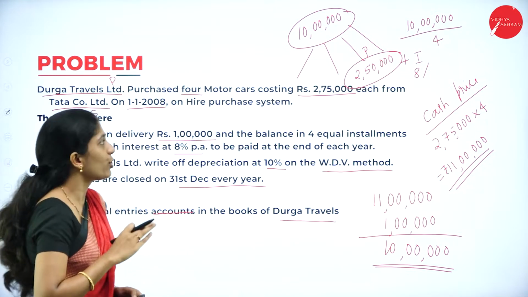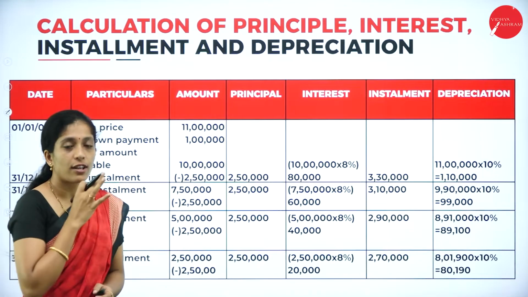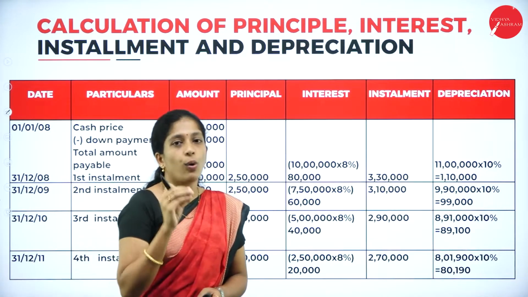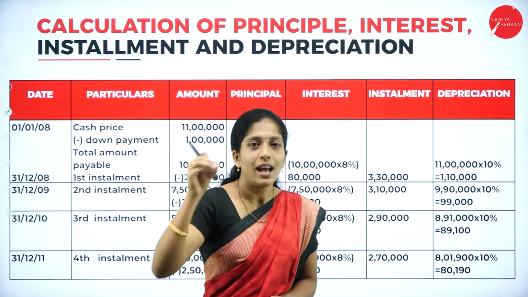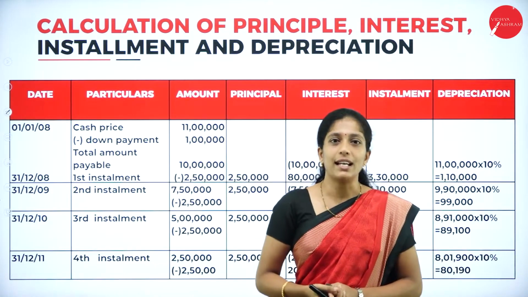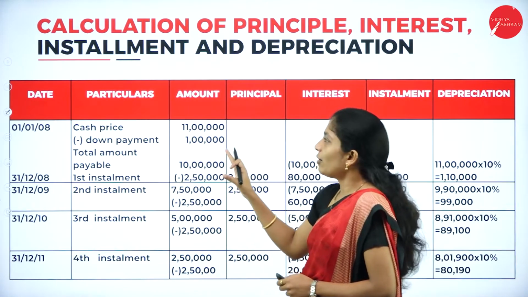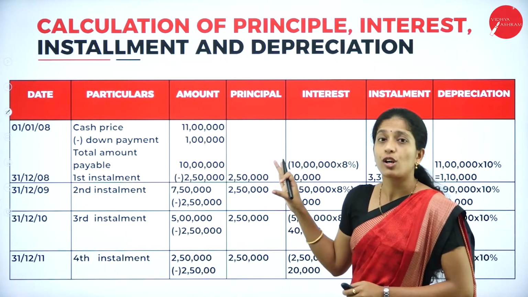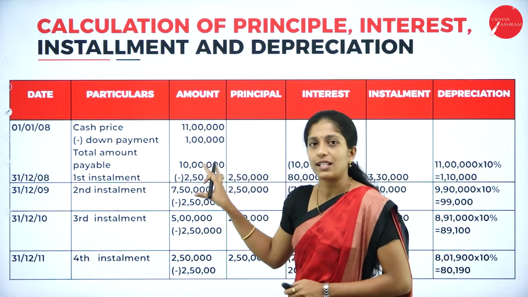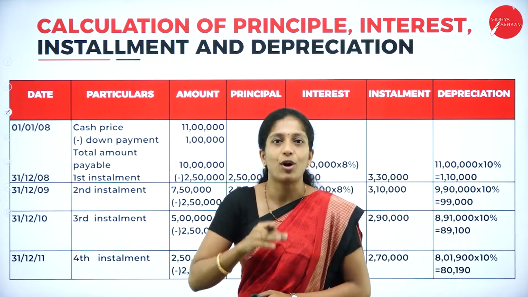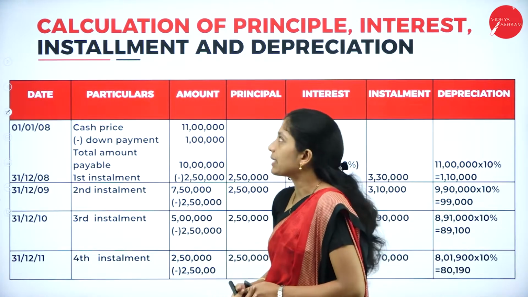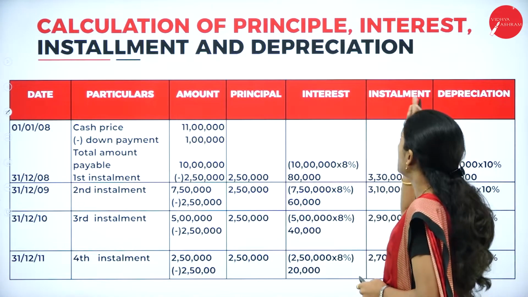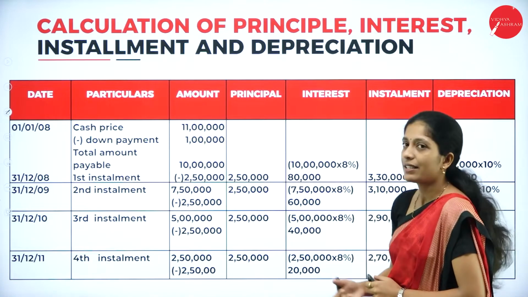Now we have to draw a table. If you draw this table, everything is there in this table itself. The only thing is that you have to pick the amount and record it in the journal entries. So for this calculation, you have to draw this table. This is also very important. Now your heading is calculation of principal, interest, installment and depreciation.